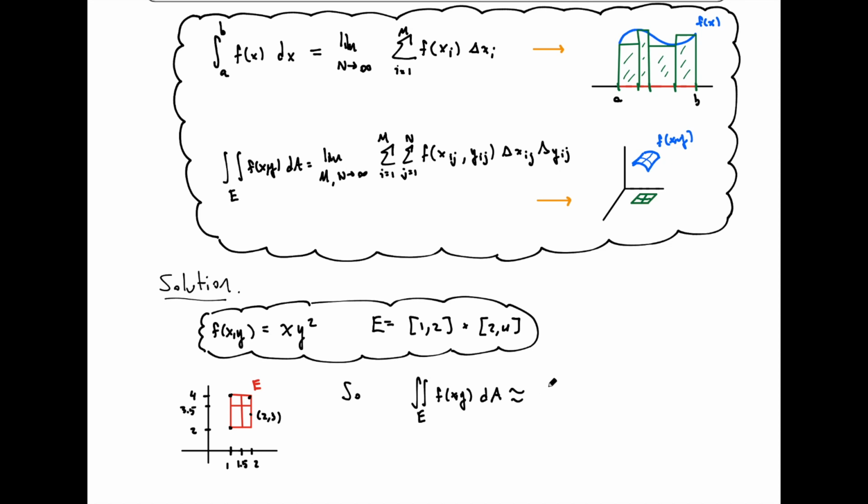Now, let's look at the volume of the lower left box first. The width of that lower left box is 1.5 minus 1. The height of that lower left box is 3.5 minus 2. The height of the box is the value of the function at our sample point.